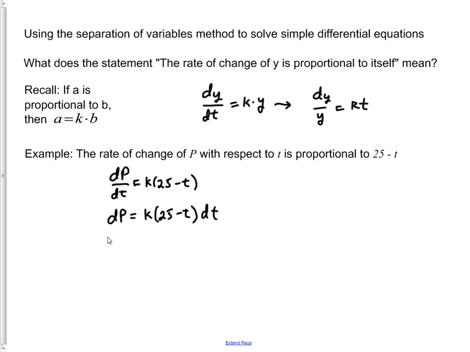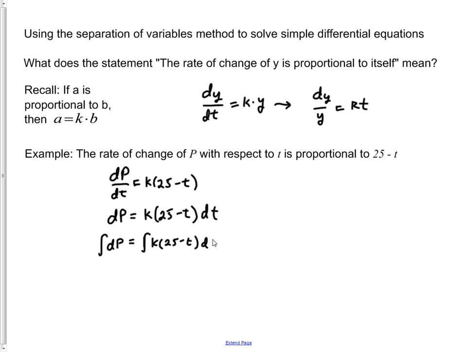Now, if we take the integral on both sides, the integral of dp is equal to the integral of our constant times (25 minus t) dt.